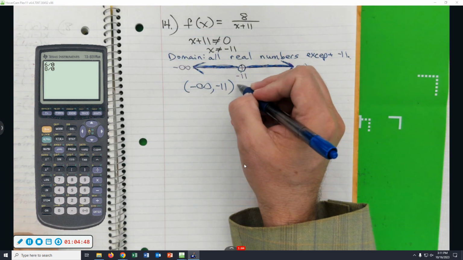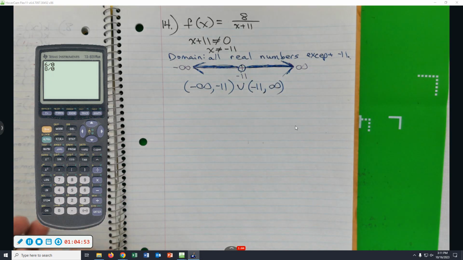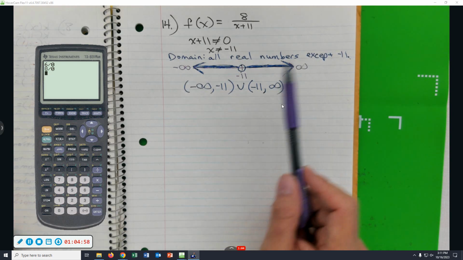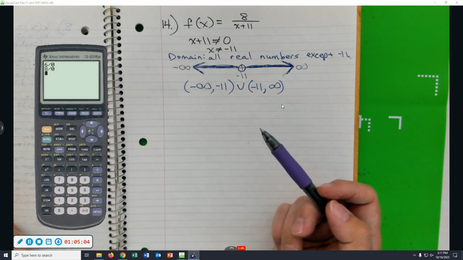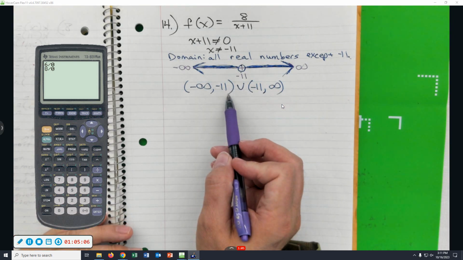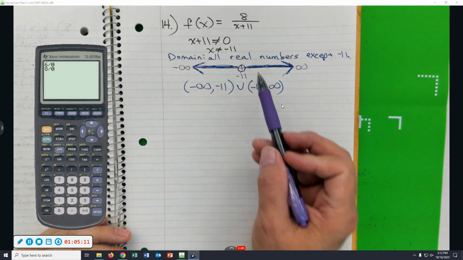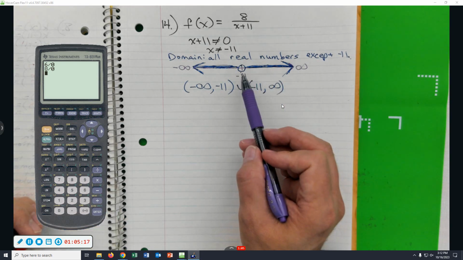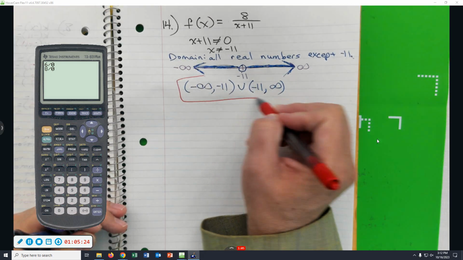A little union, and then parenthesis, negative 11 to infinity. I should have reminded you, you always use parentheses with infinities and negative infinities. You always use parentheses with open circles. The only time you use a bracket is with the closed circle. This interval says every number to the left of negative 11. This interval says every number to the right of negative 11. The only number not included is negative 11 itself. So this is a fancy way of writing all real numbers except negative 11.